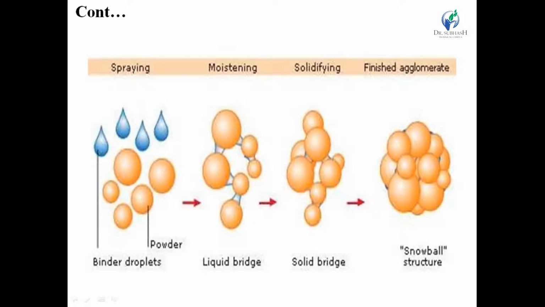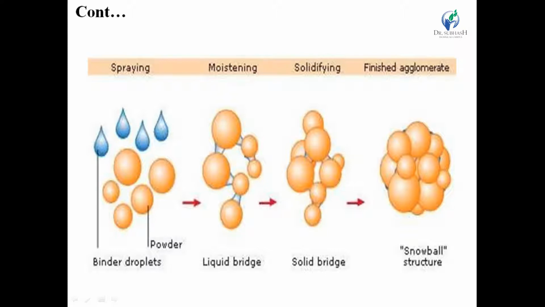In this figure, the first step is spraying, the second is moistening, the third is solidifying, and the last is the finished agglomerate. In the first step, dry powder is present and we add a spraying reagent onto it. In the second step, a liquid bridge is formed between two powder particles.